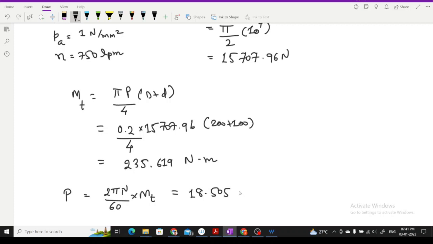So this is how you have kilowatt, right? Yes, sir. Kilowatt. Okay, so once you have this, now you can go for uniform wear theory.